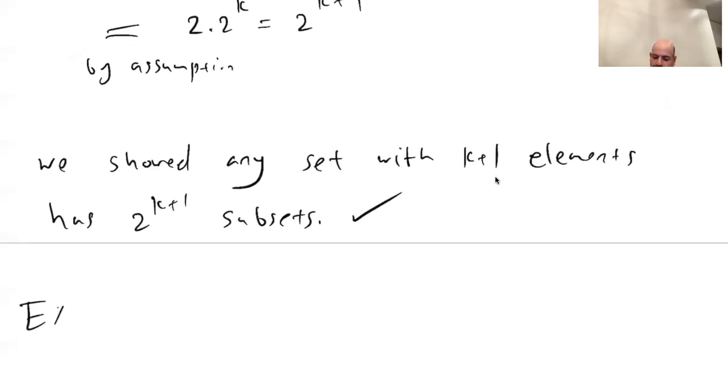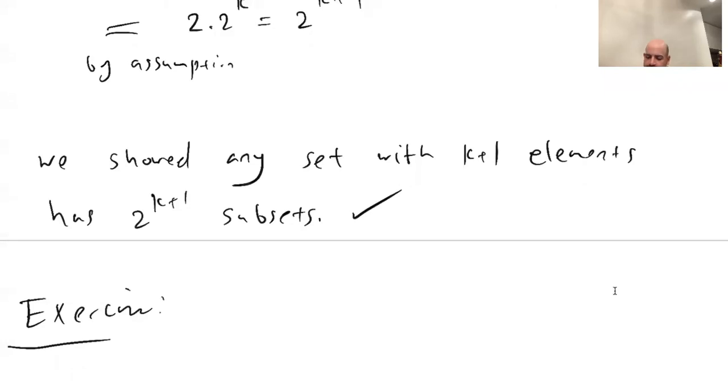And one exercise that you can do, again in the topic of facts about sets, is to show De Morgan's law for n sets, or the generalization of De Morgan's law.